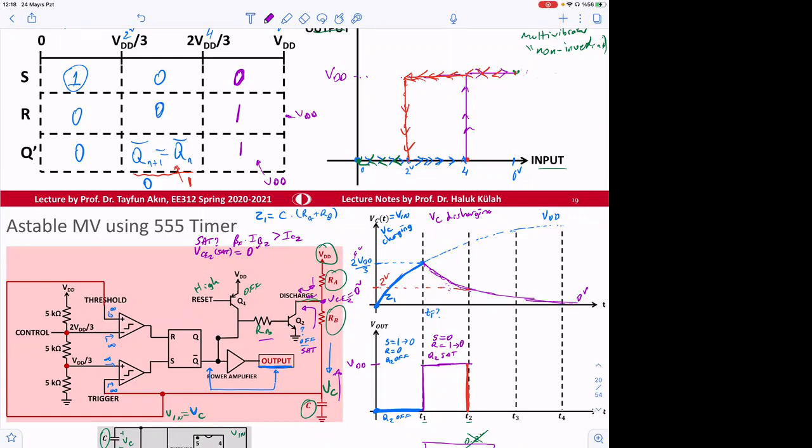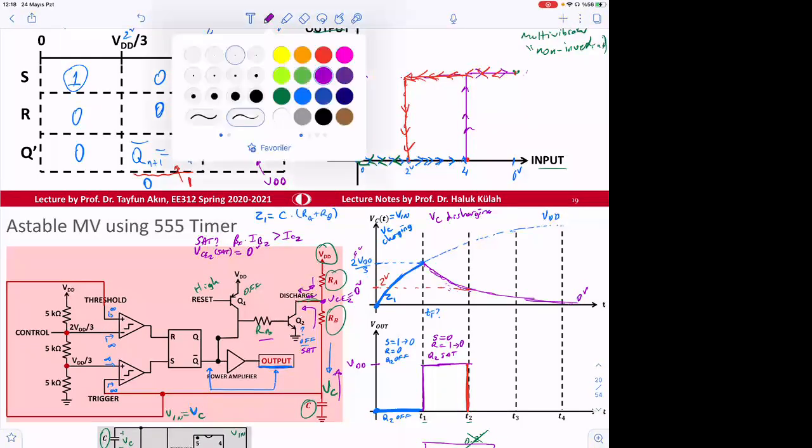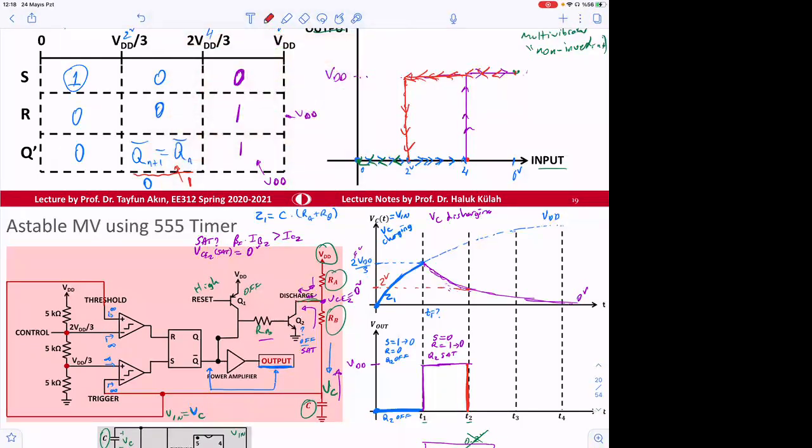So this will go to 0 again. When this goes to 0, this will start trying to charge to VDD.